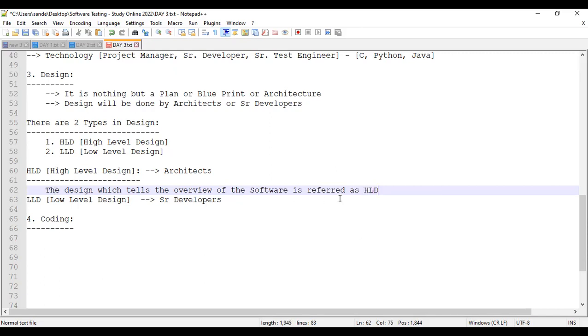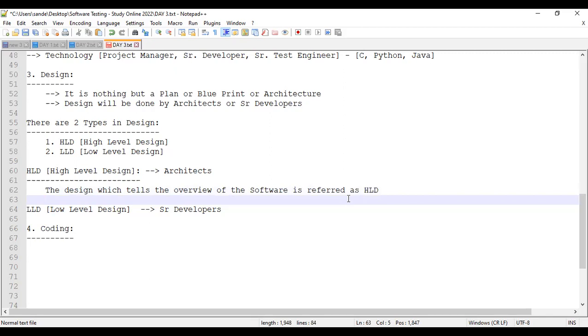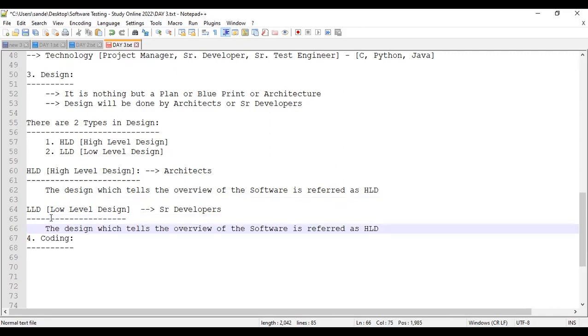Sir, what is low level design? I can say it like this.